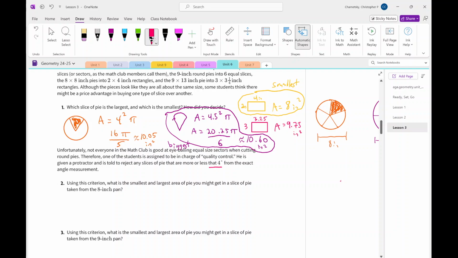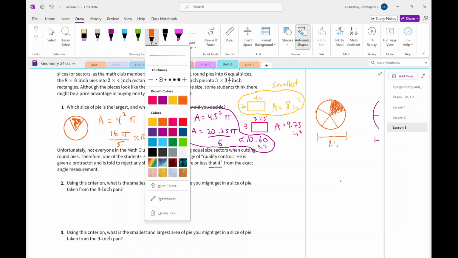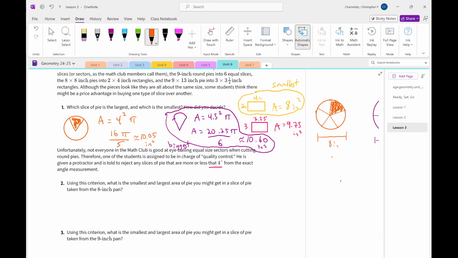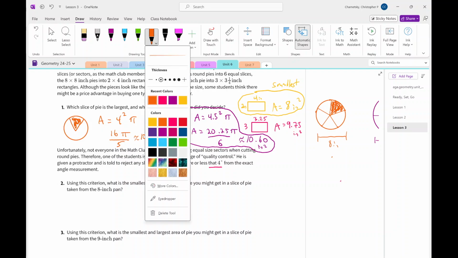Okay? So the first thing we have to establish on our first problem here, number 2, we're working with the 8-inch pie cut into fifths. So we have to figure out what is the perfect angle for that.